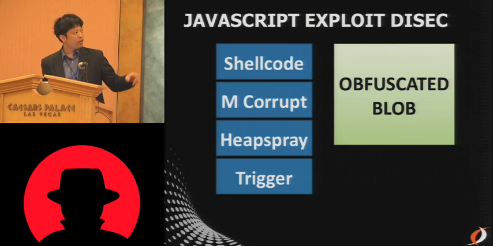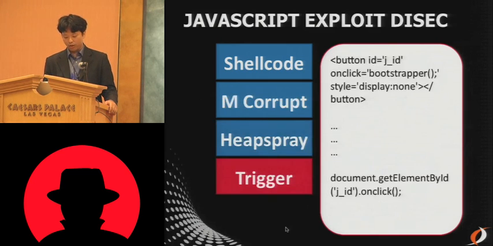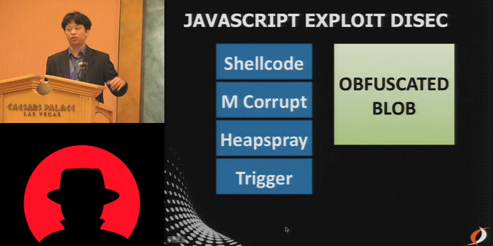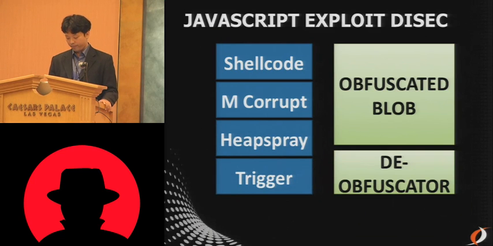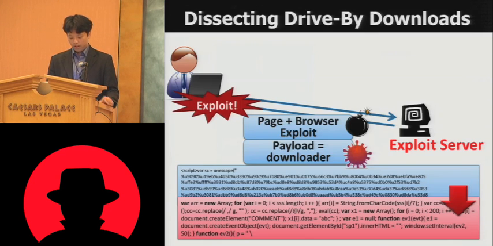So this whole thing that we just saw, all this JavaScript code, is often obfuscated into a big blob of unreadable code and then deobfuscated to its primitive form. So we have the obfuscated form and the primitive form. As you see in the previous slide, here's the obfuscated form and here's the primitive form.